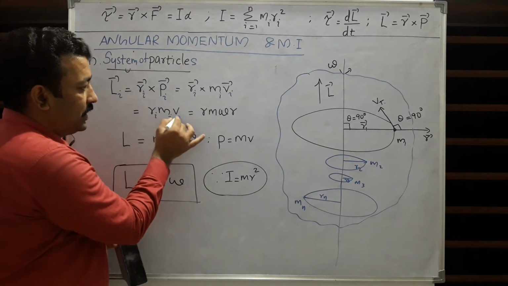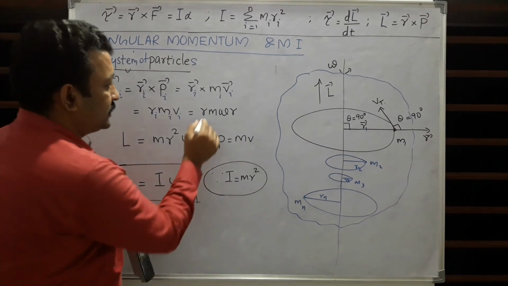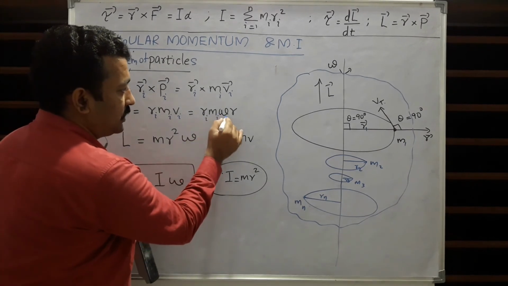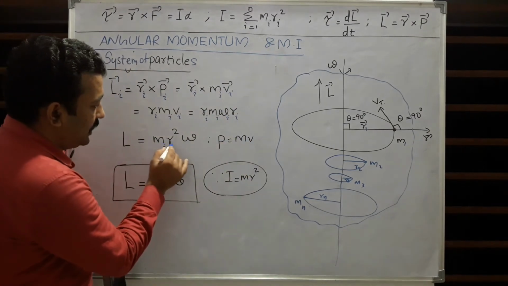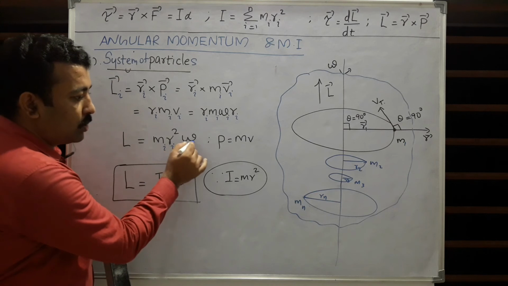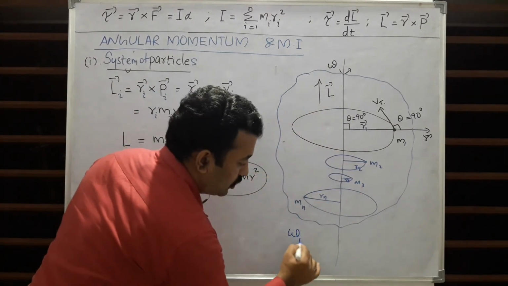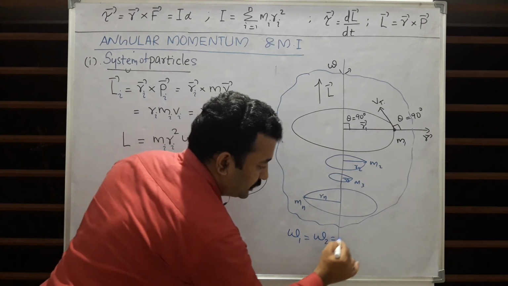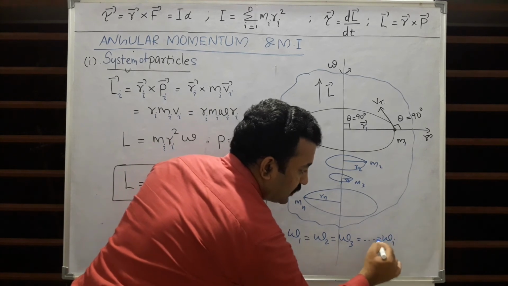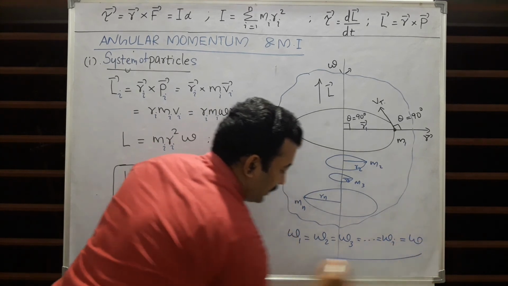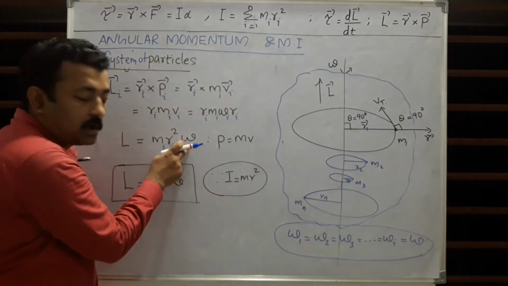ri mi vi for that single particle becomes ri mi omega_i ri, which is mi ri square omega_i. If it is a rigid body, omega 1 equals omega 2 equals omega 3 equals omega_i, a constant value, so I can replace omega_i with omega.